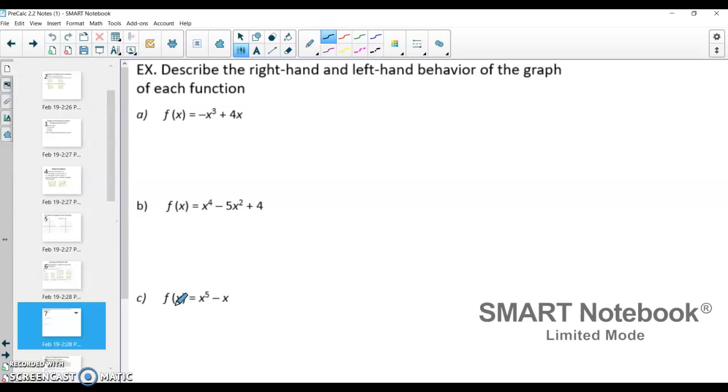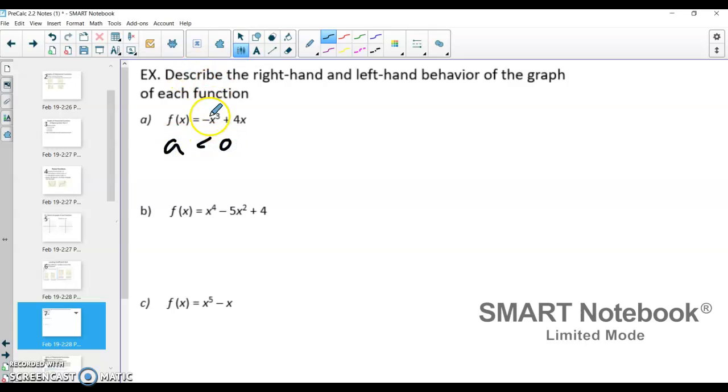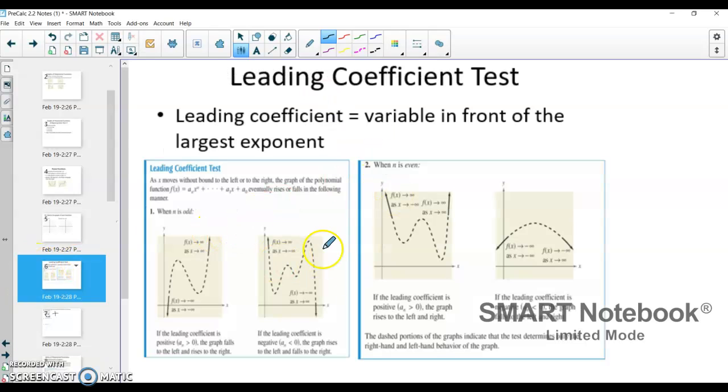In this first one, my a is less than 0. I have a negative x here, and I have an odd function. So a rough sketch of my graph, without knowing any other things, is going to go up to the left and down to the right.